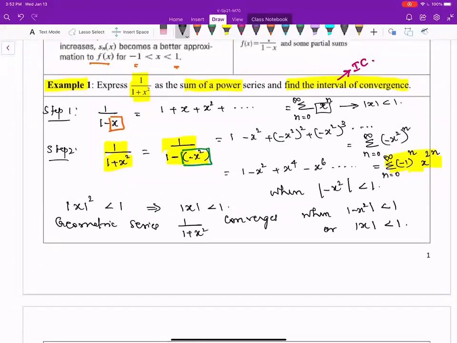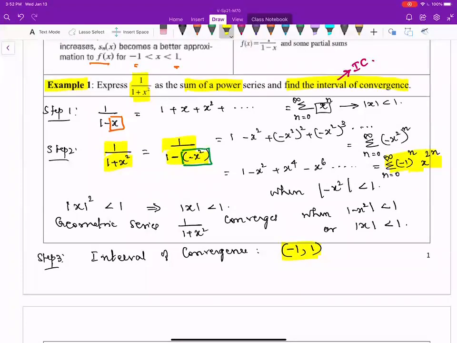So what is the interval of convergence? The interval of convergence is the interval where the series converges, which is negative 1 to positive 1. In this problem, you don't have to verify whether the series converges at the endpoints or not.